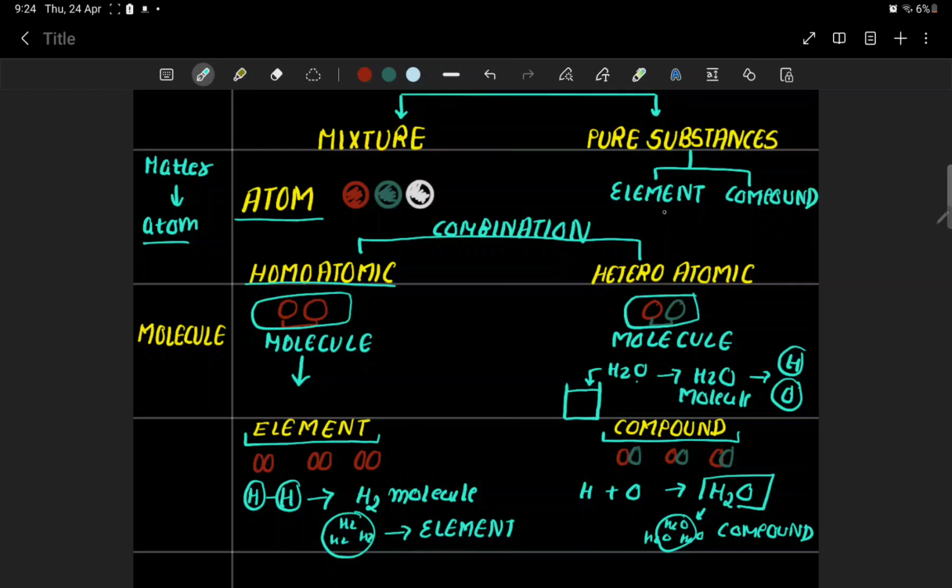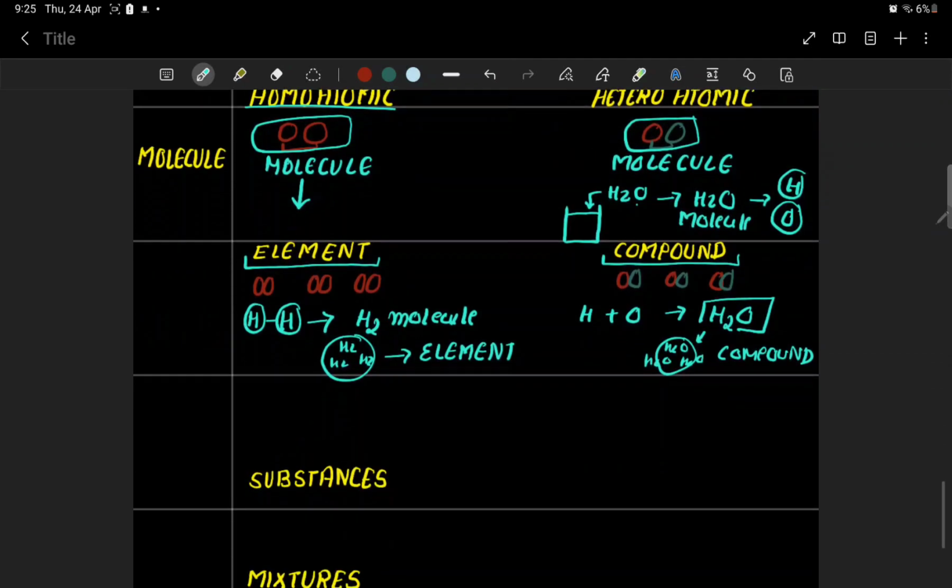They have a fixed composition as you can see. When it comes to elements, it has a fixed composition of hydrogen molecules, and out here a fixed composition of hydrogen and oxygen atoms in water.